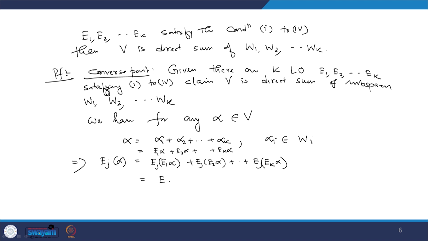So, I will have simply Ej square alpha, which is equal to Ej alpha, which is equal to alpha j.